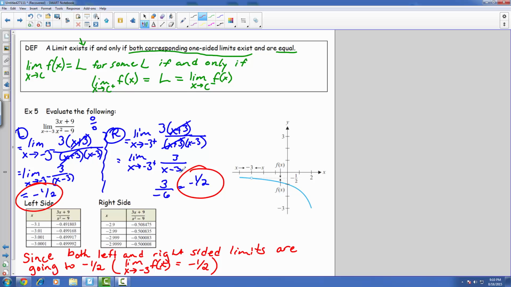But again, that's really how it ties with this definition as well. We can state then that the limit as x approaches negative 3, both left and right, of that function is going to negative 1/2. All right. So again, that is the formal definition of a limit and example 5 from the 1.2 set of notes.